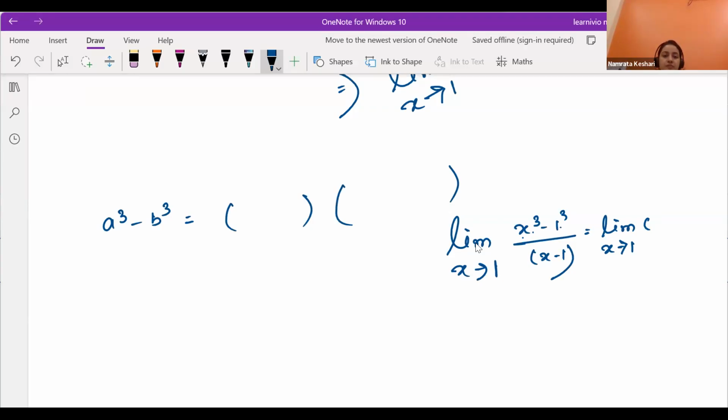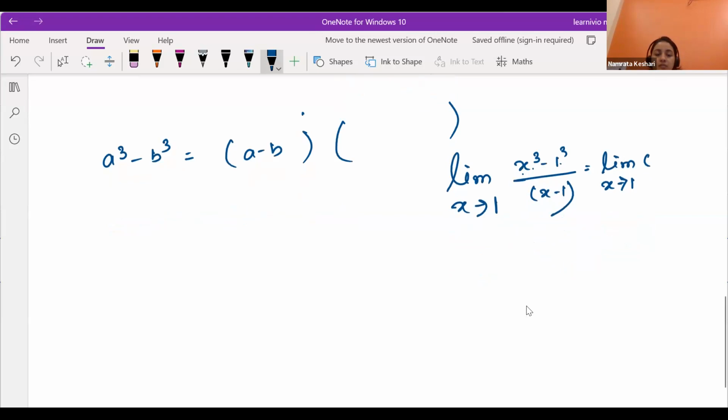A minus B whole square. A minus sorry, A square minus 2AB plus B square. Okay, a square plus ab plus b square, 2ab अगेन.